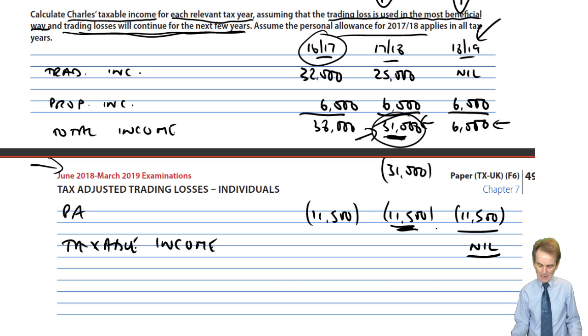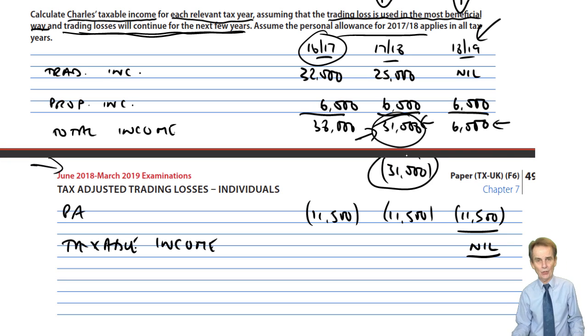So although again it means that we'll be wasting the personal allowance, at least we'll be getting some income tax saving. What would have been 31,000 total income, less personal allowance 11,500, that would have left, what would that be, £19,500 worth of taxable income. Well, if we use 31,000 of the loss, we're going to save paying that income tax at 20%, it's all basic rate of course here, of £19,500.